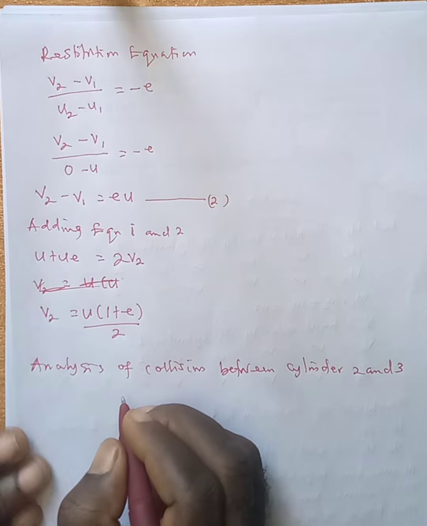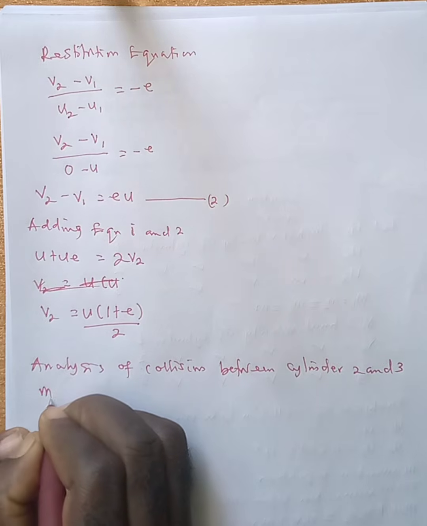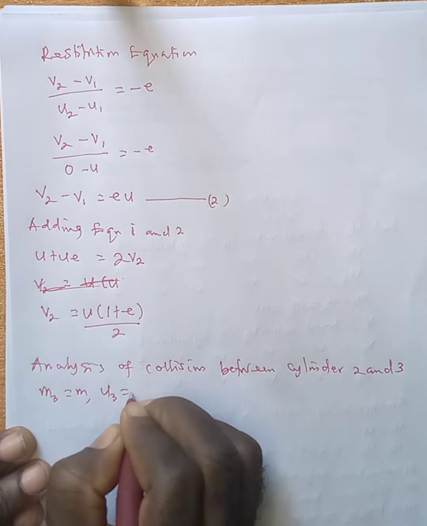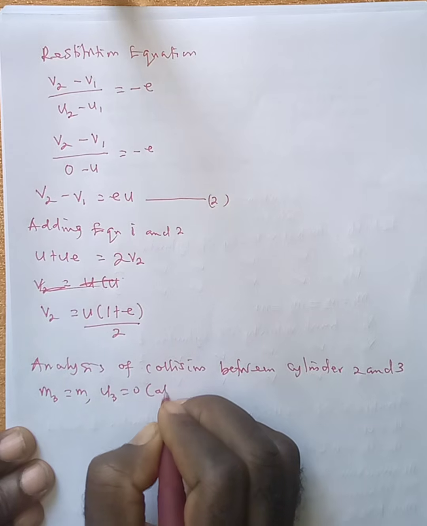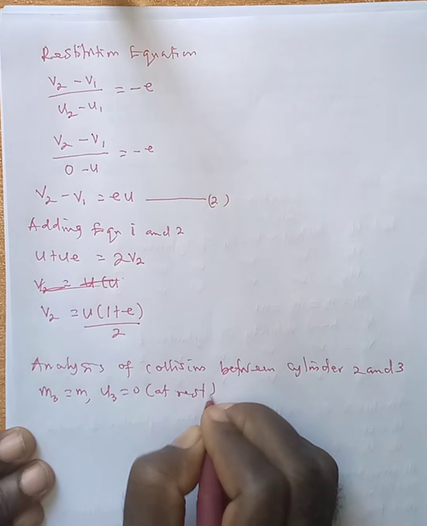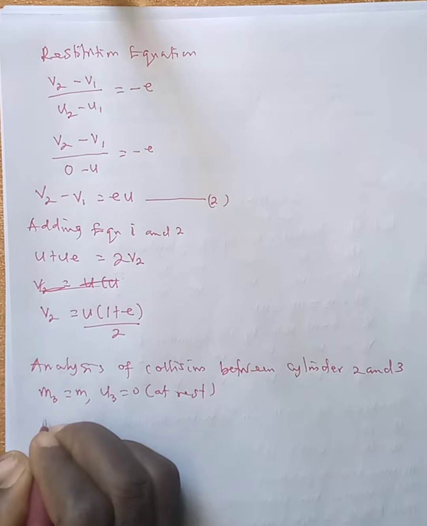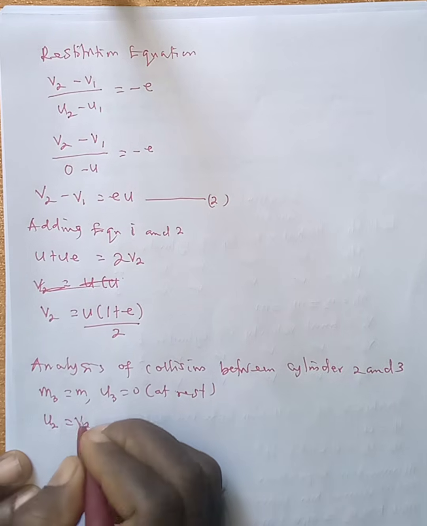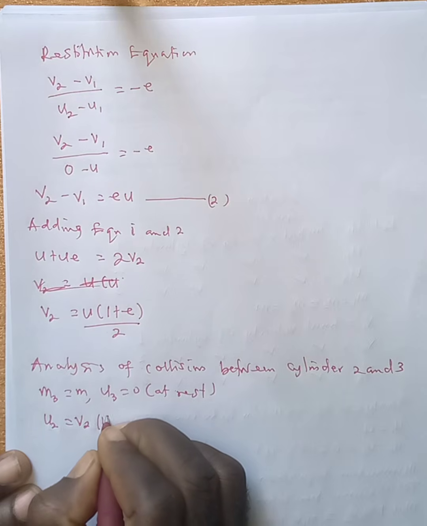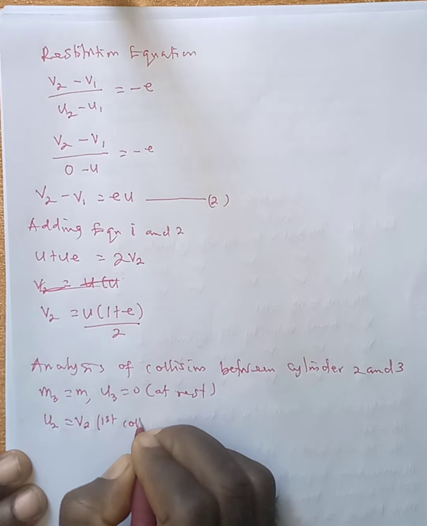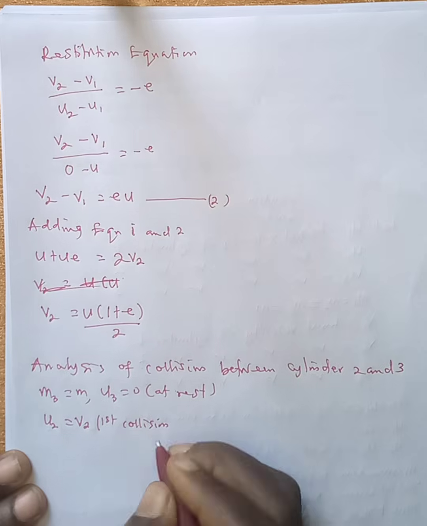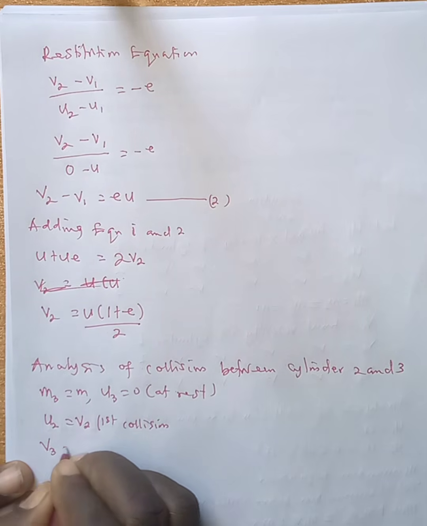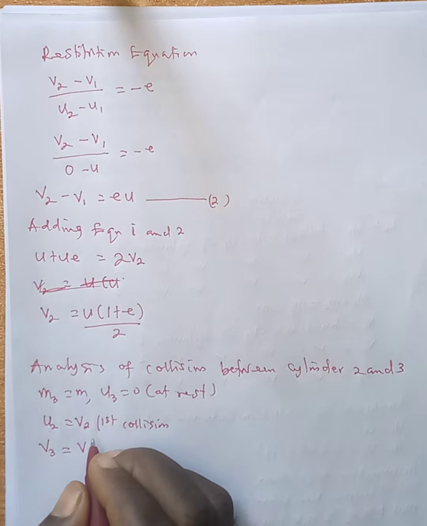Then we know that m3 is equal to m, we are given, and u3 is also equal to 0 because it is at rest. Then also u2 is going to be v2. That one is derived from the first collision. Then we know that v3 is equal to v according to the question.